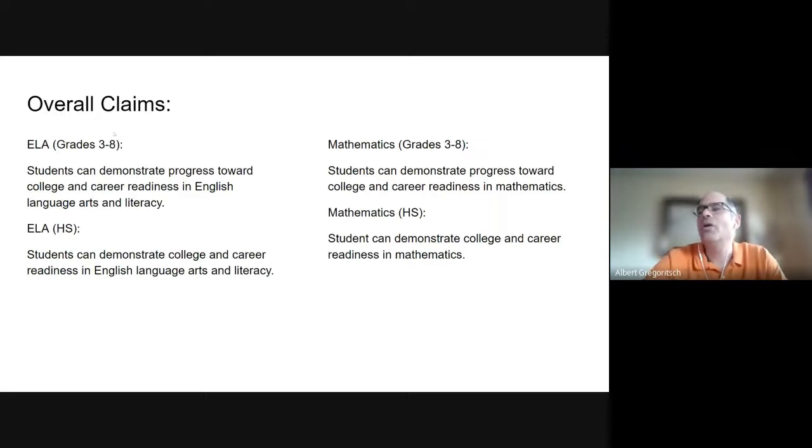So for our overall claims for ELA, here we begin with the I can statements. These claims and I can statements come directly out of the SBAC documents. For ELA, students can demonstrate progress towards college and career readiness in ELA and literacy. Similar statement for math. At the high school level, it changes from progress towards to demonstrate college and career readiness.